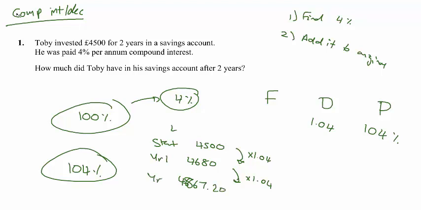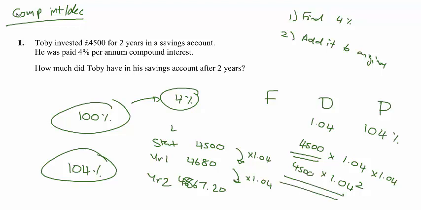Now here's what's so useful. You start with 4,500, and if you want to increase by 4%, you times by 1.04. If you want to do it for 2 years, you'd be doing times 1.04 times 1.04, which you could do much quicker by doing 1.04 squared. So we could have found it out immediately like that.